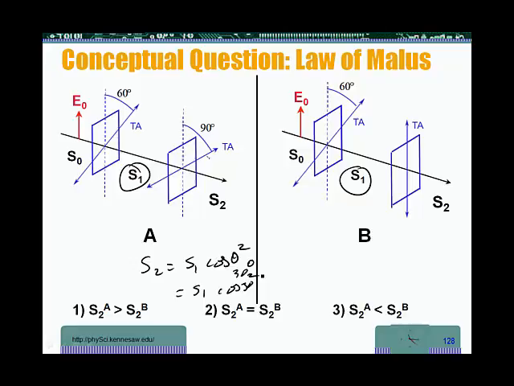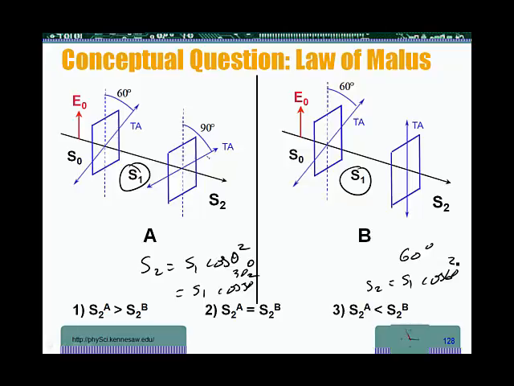In the second case, what do we have? It's perpendicular. So the angle theta between the transmission axis and the axis of polarization of the light is actually 60 degrees. Meaning S2 is going to be equal to S1 cosine of 60 degrees squared.